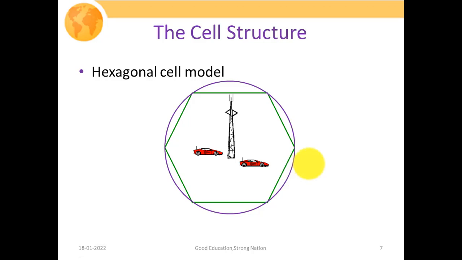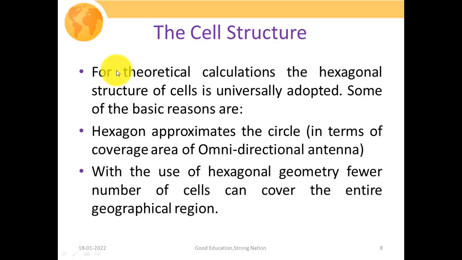Apart from that, this hexagonal structure also has some special geometry which will help us in cellular computation. How we will do that, we will discuss in later slides. For theoretical calculations, the hexagonal cell structure is universally adopted. Some of the basic reasons are, as we have discussed, the hexagon approximates the circle in terms of coverage area of an omnidirectional antenna, with approximately the same area as the circular cell shape.